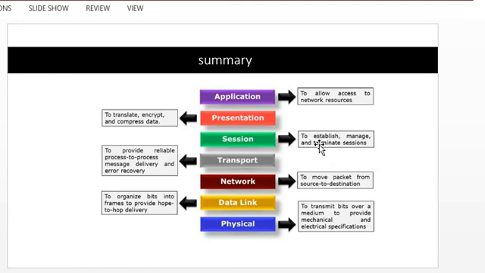All those are the applications provided by the application layer. When I have created my email message on my browser, it needs to be translated, encrypted for packaging into the network for transmission.